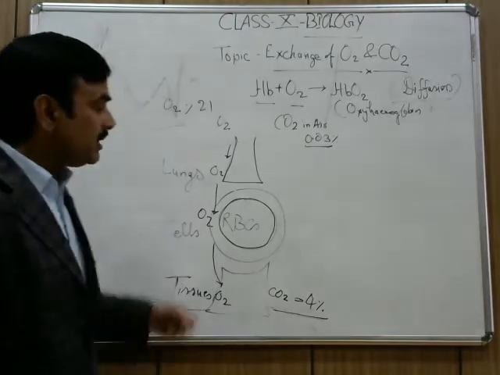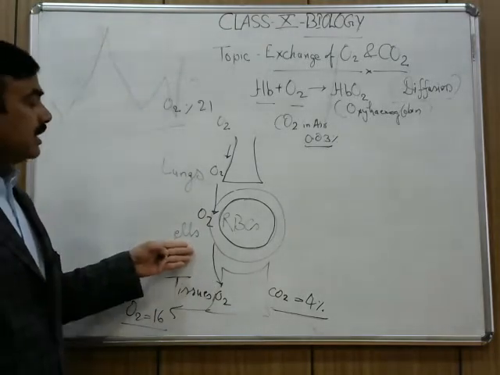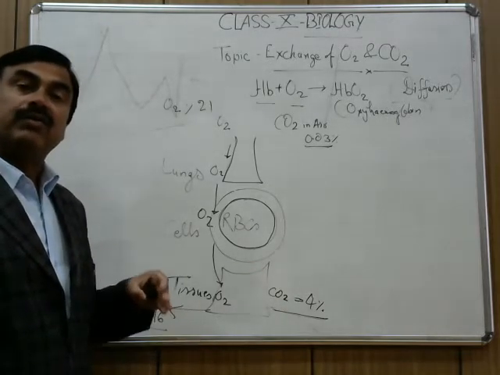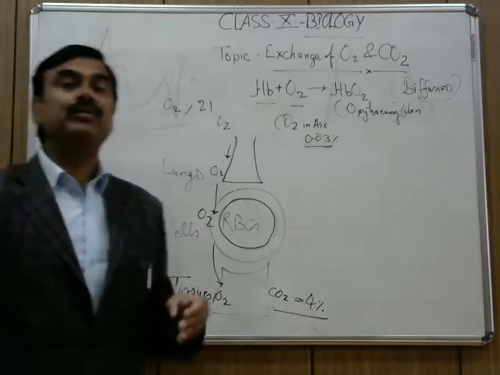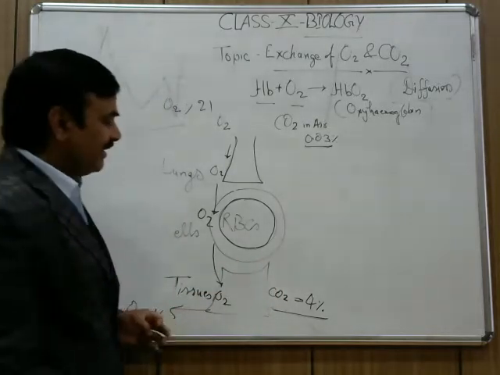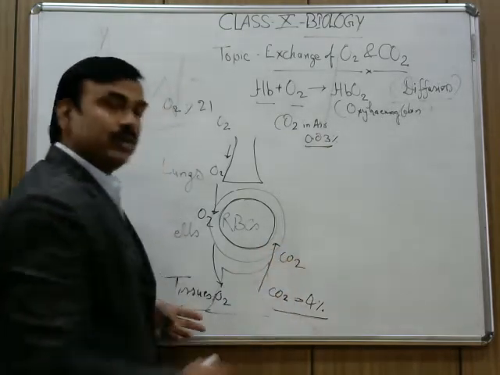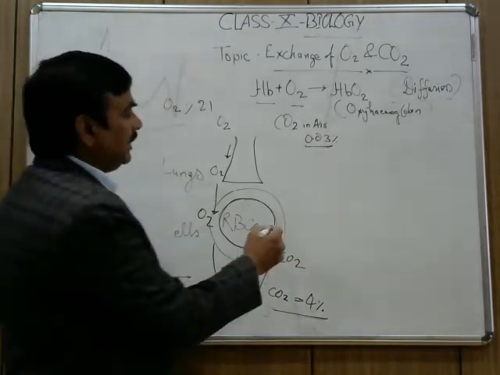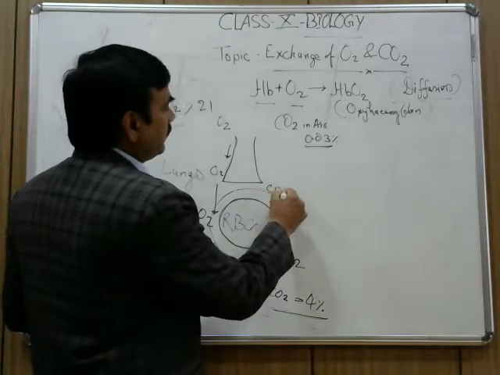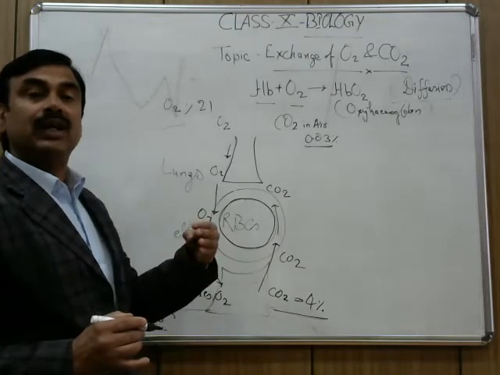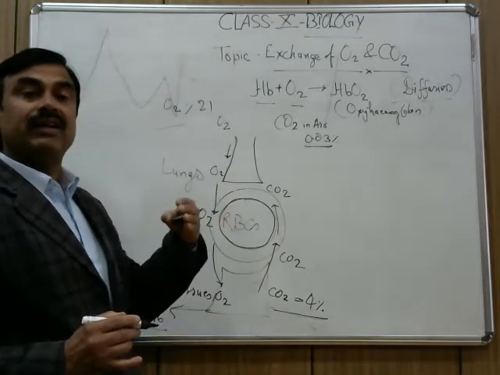So when oxygen is converted into CO2, the reverse movement of this CO2 starts from tissue to the cells, and then from the cell it is again reaching back to our respiratory tract.